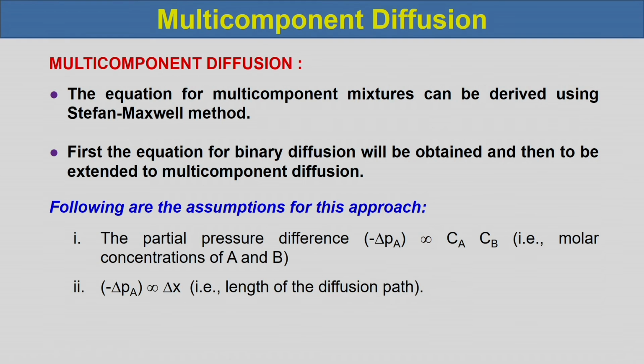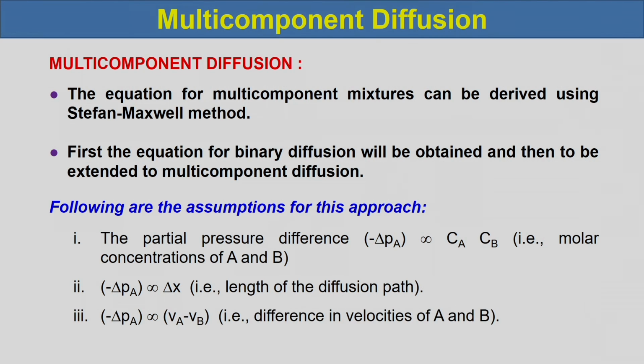The second one is that the partial pressure difference is proportional to the length of the diffusion path, which is delta x. And the third one is that the partial pressure difference is proportional to the difference in the diffusion velocities of A and B, which is Va minus Vb.